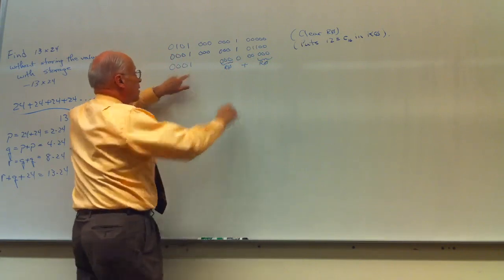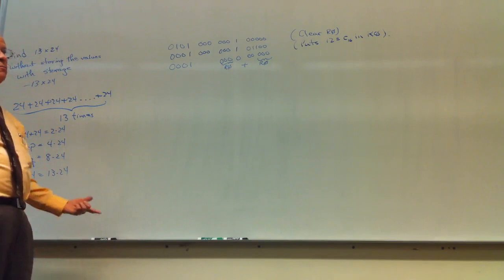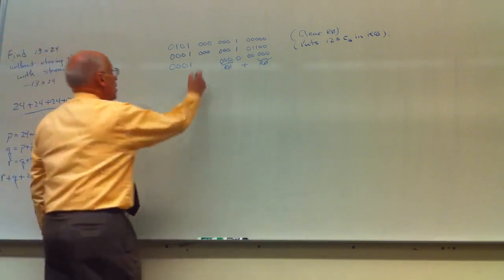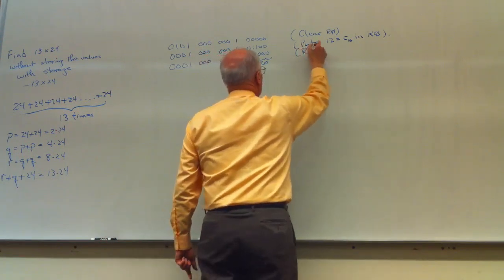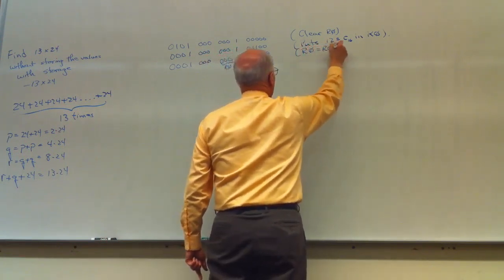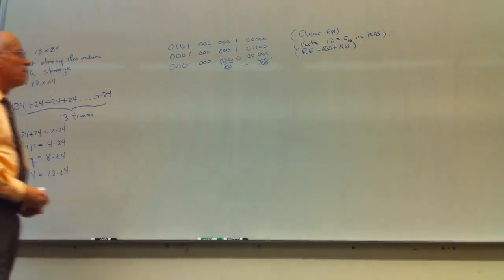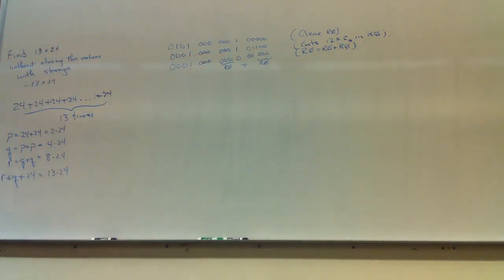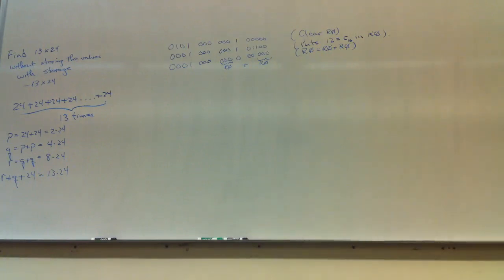Remember, when you do add in register mode, you've got these 3 zeros in here that are just there, and put the result into register 0. Okay, so I just add that register to itself, and that gives me what I'm looking for.